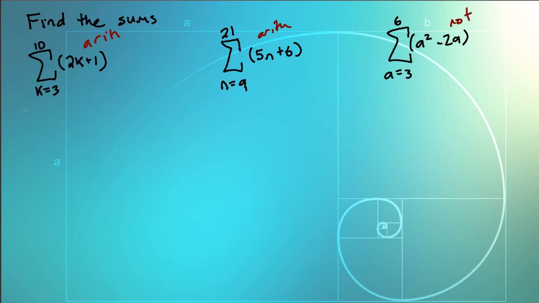Okay, so this one. So my first term is not 3. It's going to happen at 3. Remember our segment notation. Now, normally we'd put in the 3, then we put in 4, 5, 6, all the way up till 10, and then add them all up. But I can use my sum formula to do it quickly.